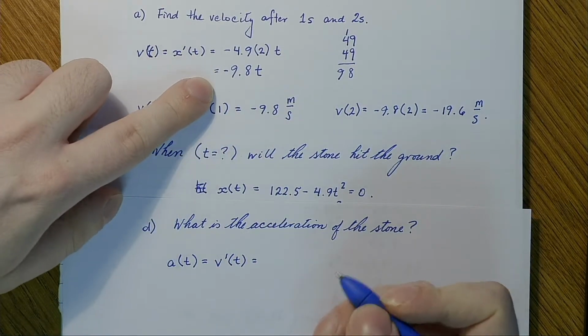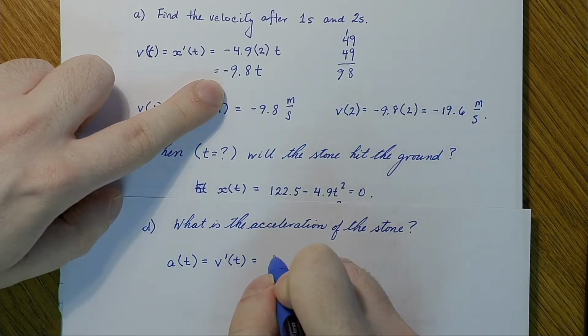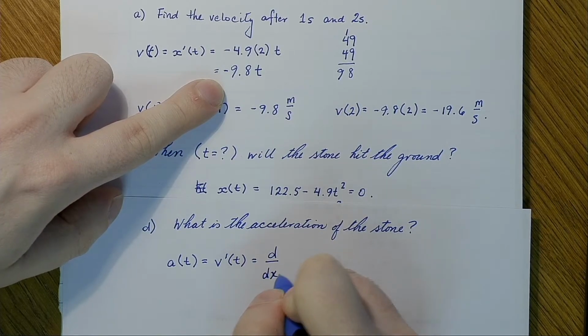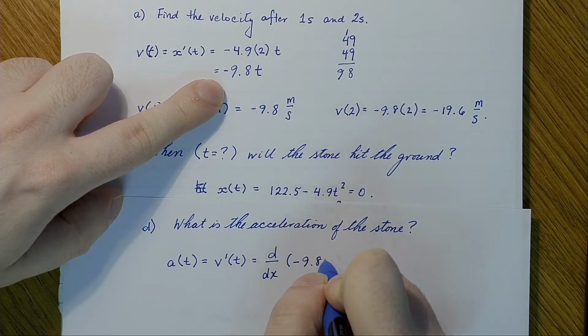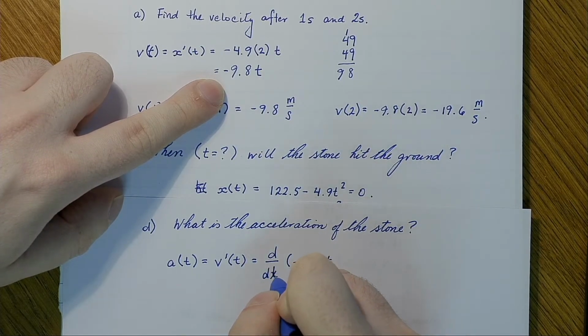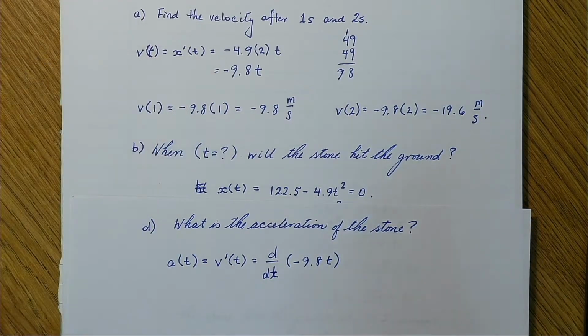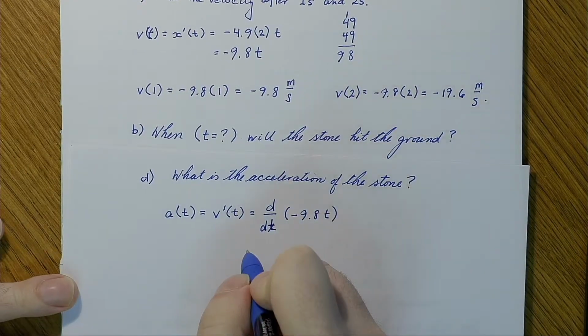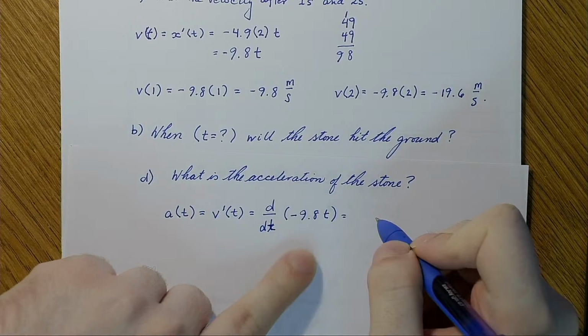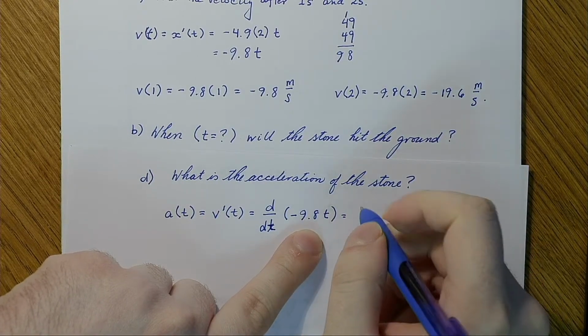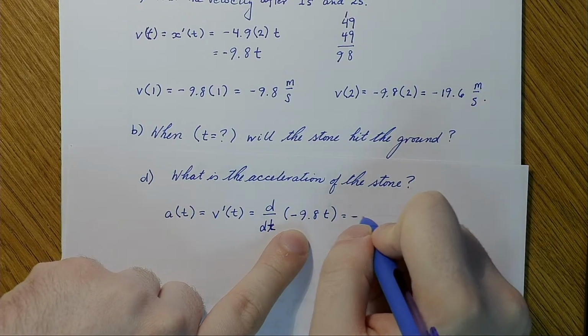And what's nice about this is we just need to take the derivative of minus 9.8 t. And so it's just left with 9.8.